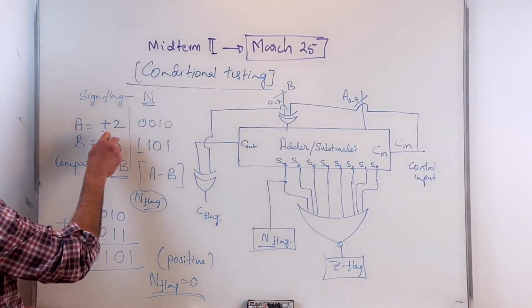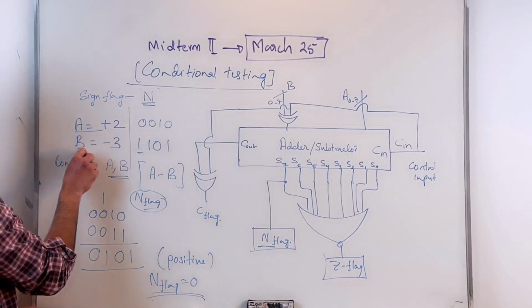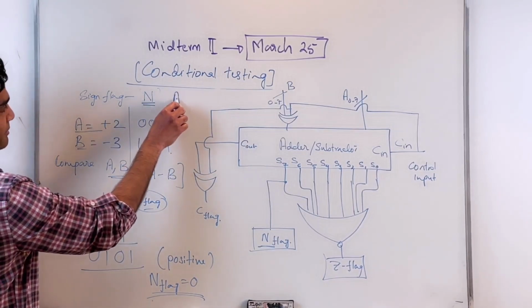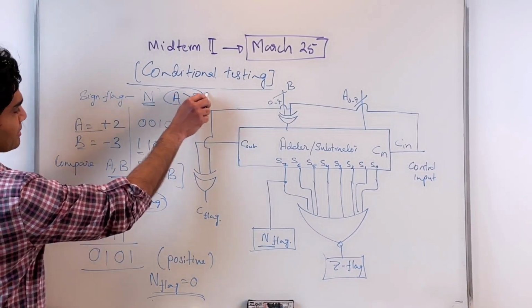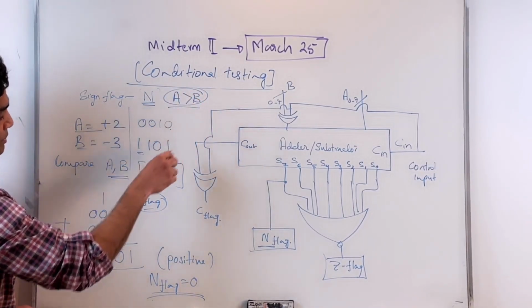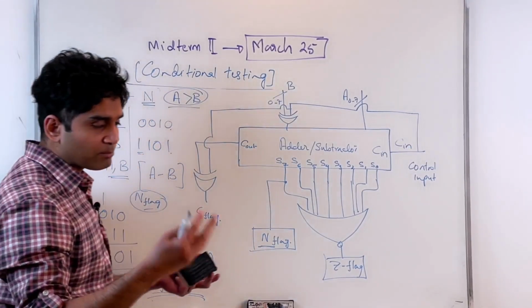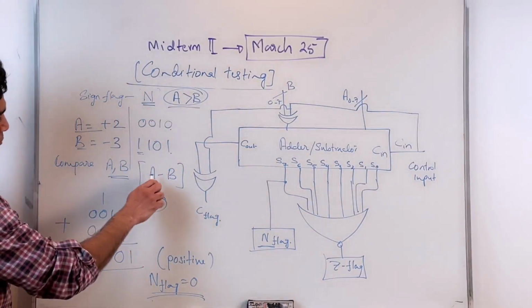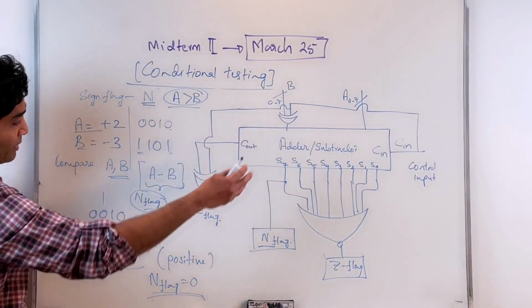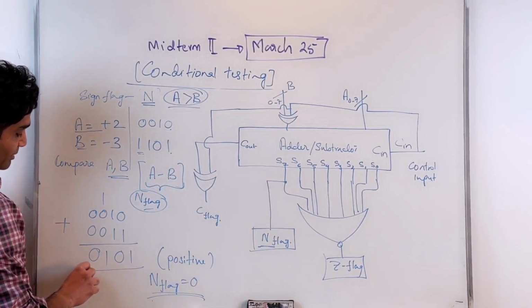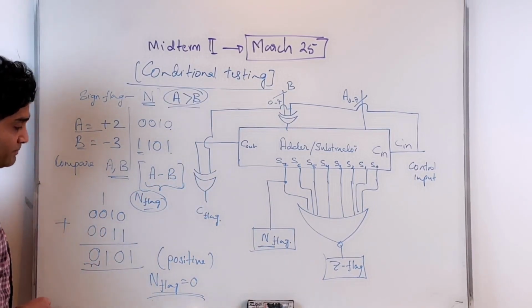I can directly say here, between A and B, A is plus 2, B is negative 3, my A is larger than B, simply by looking at it, because I know these are signed numbers. But I can also let the hardware do this: go through these steps, the A minus B operation, and look at the N flag, which is the most significant bit. It is 0.